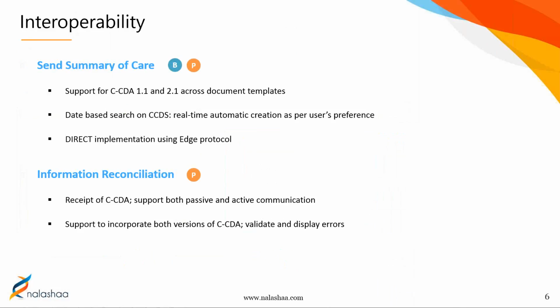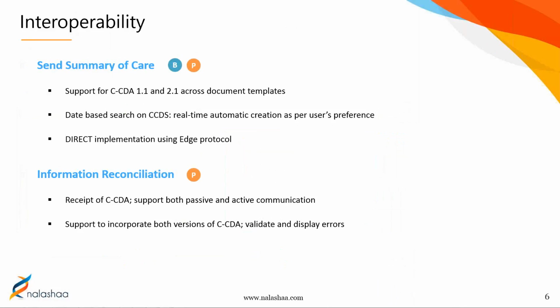The second thing that you see here is information reconciliation, which is a performance-based measure. We already had information reconciliation for the three major elements within the EHR: medications, allergies, and problems.